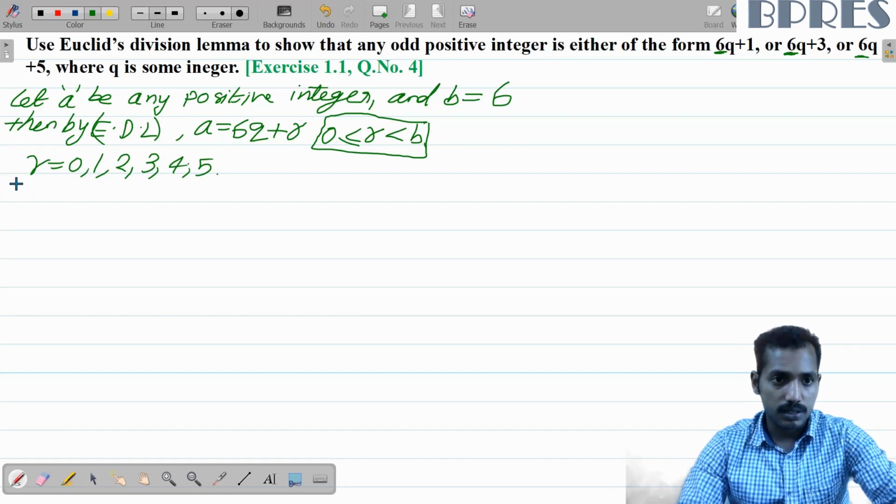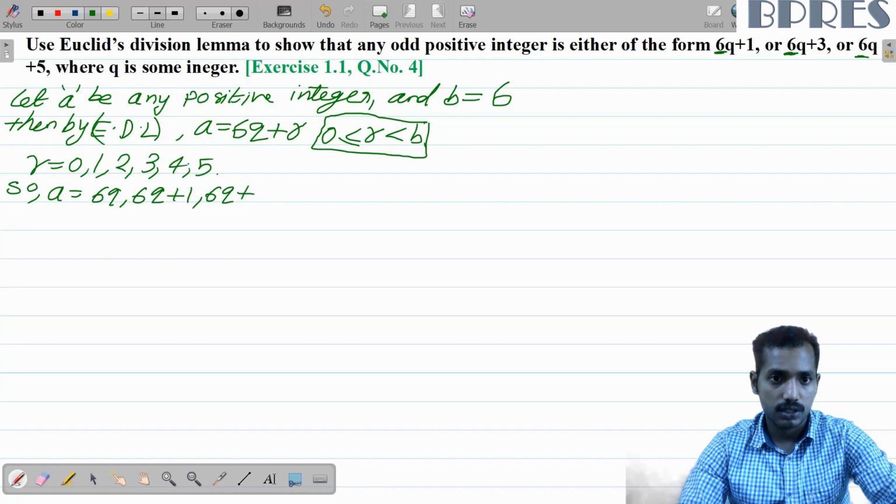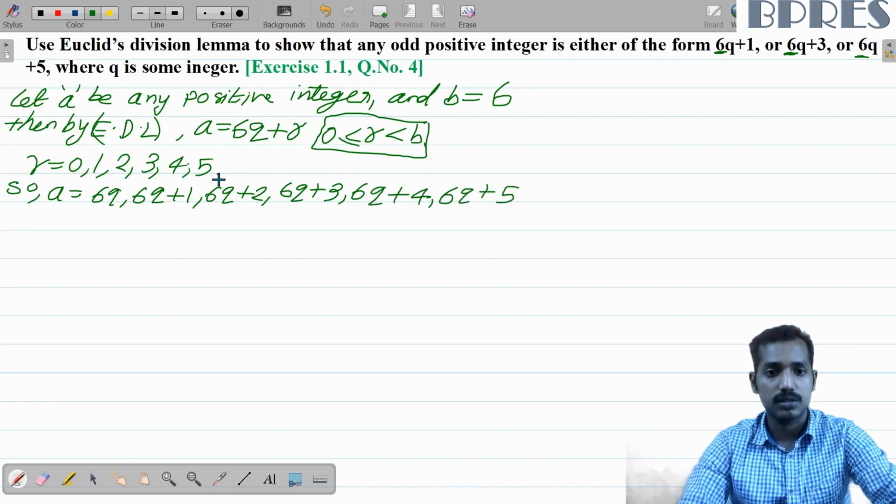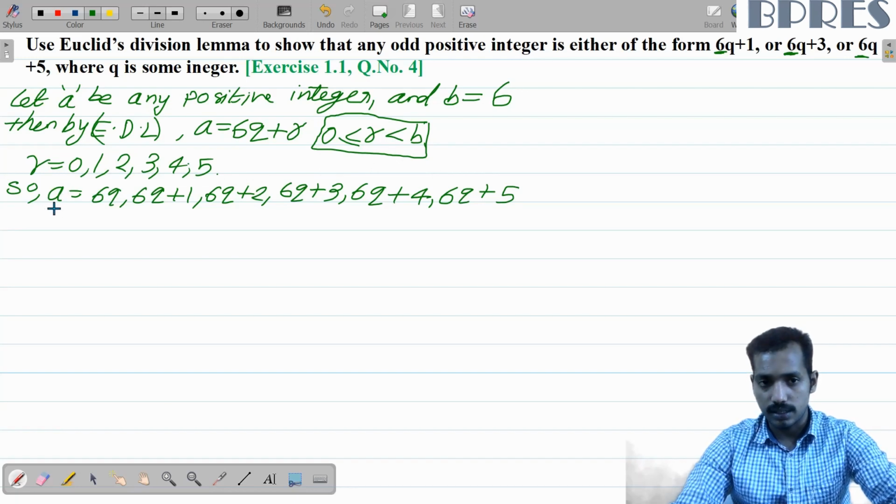So the possible numbers are a equal to 6q, 6q plus 1, 6q plus 2, 6q plus 3, 6q plus 4 and 6q plus 5. These are the possible integers.